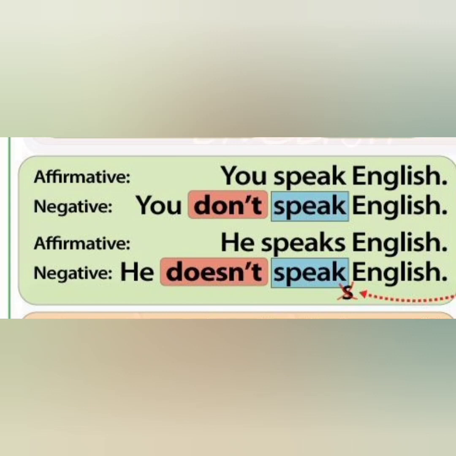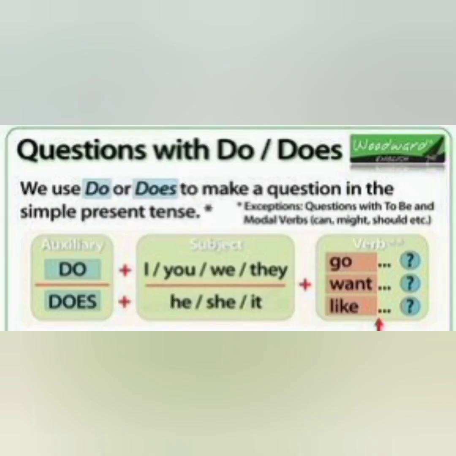Second example is he speaks English. The negative sentence will be he does not speak English. Here you can notice with the pronoun you we use do not and with he we use does not, which I have already discussed.